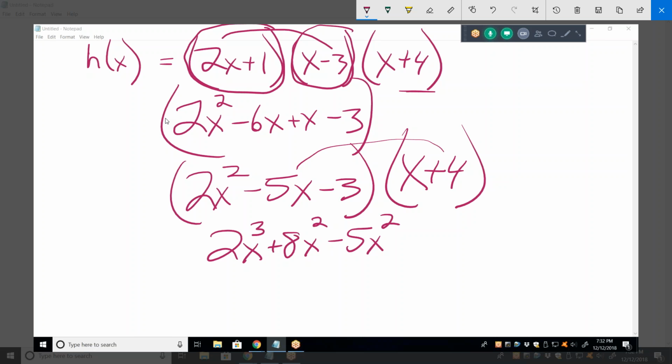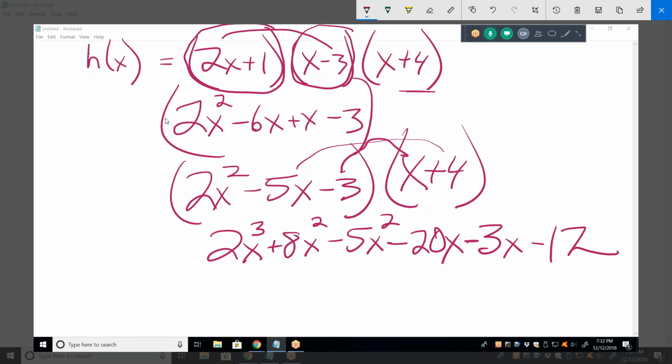In other words, you did the minus 5x times the x. Now you've got to do it times the plus 4. Oh, yeah. And then minus 20x minus 12. Oh, wait, minus 3x. See, that's why I think it's so important to follow an exact pattern and do it that way every single time.